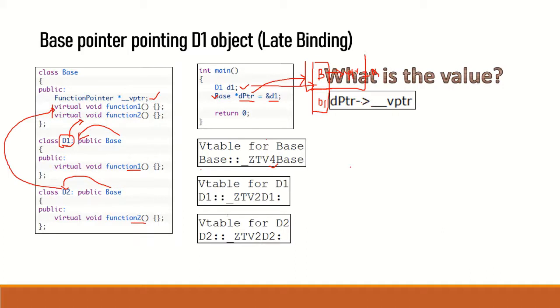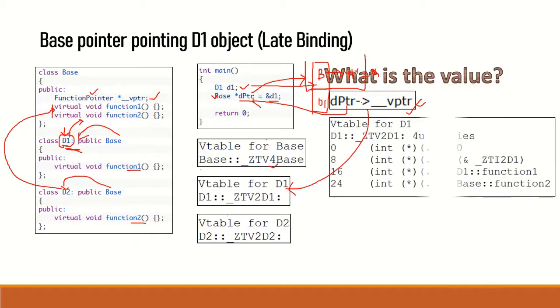Now, what is the value of VPTR which is held by dptr? dptr is the pointer of the base class, and VPTR is now an inherited member of D1, inherited from the base class. So the value will be the address of the D1 virtual table.